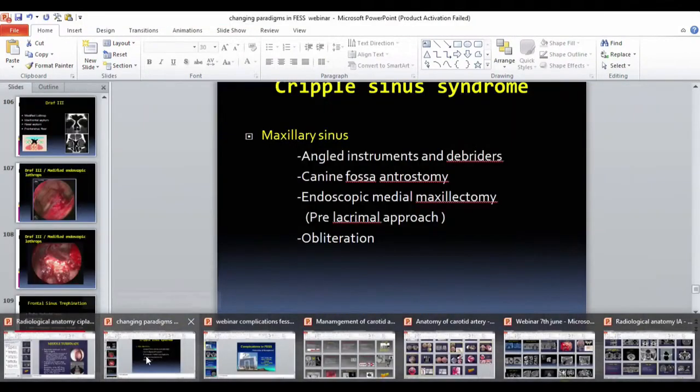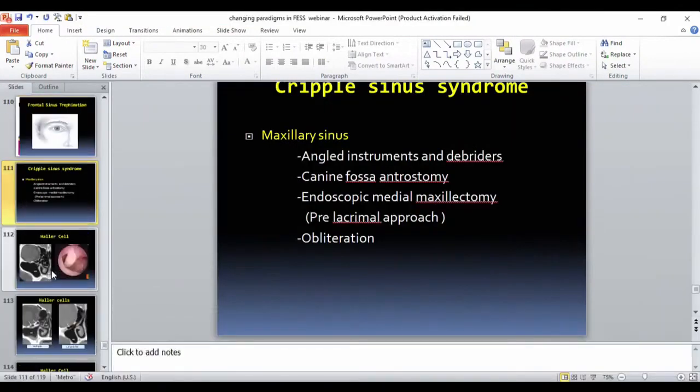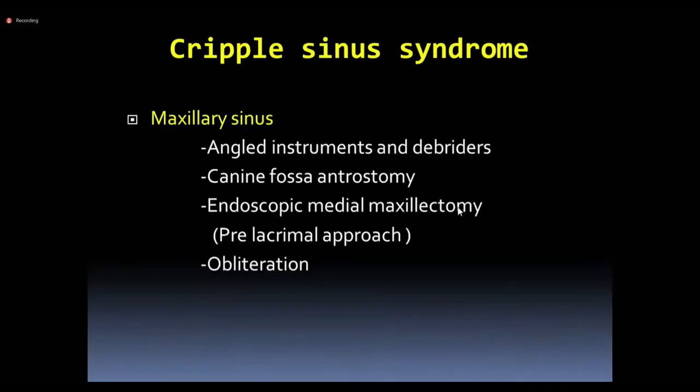Some more things about the maxillary sinus I wanted to tell you. Sometimes you have a disease like yesterday you saw, the trephination, the canine fossa approach. In the maxillary sinus, what happens sometimes, after multiple revisions, you have a kind of fibrotic sinus with multiple cavities, non-communicated to the drainage pathway.